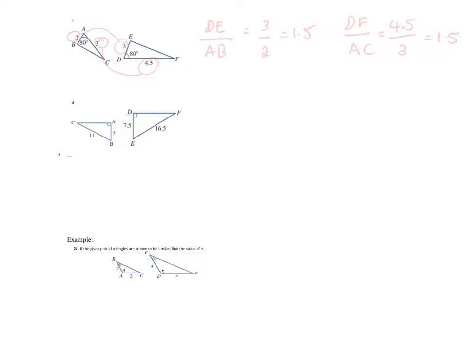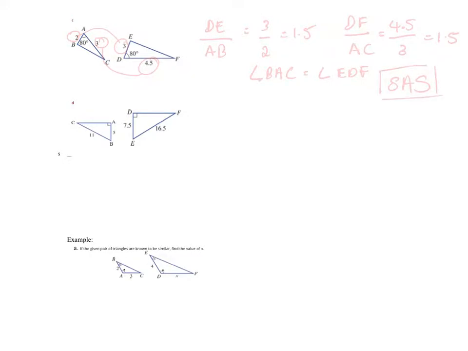And the other bit of information we know there is that angle BAC is equal to angle EDF. They're both 80 degrees. So therefore, because we have two sides in ratio and the included angle being the same, then we can say they are similar triangles using the rule side, angle, side.